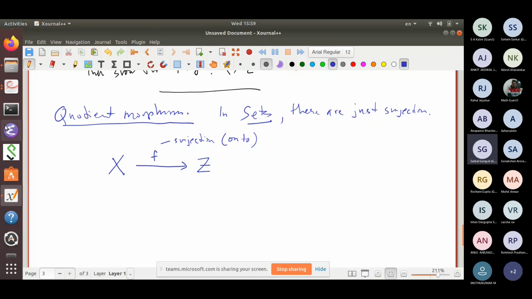Okay. So now this has the following universal property.